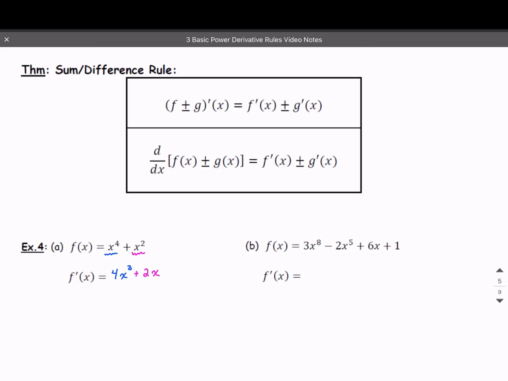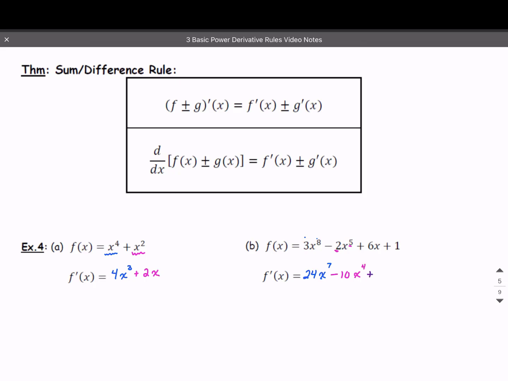So here we go. Let's try B. So 8 times 3 is 24. Keep the x. 8 minus 1 is 7. Minus, we're going to have to do the 5 times the 2 is 10. Keep the x. But what's our new exponent? 5 minus 1 is 4. Plus.